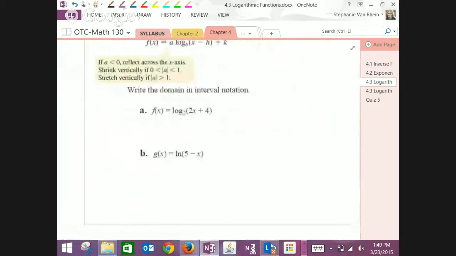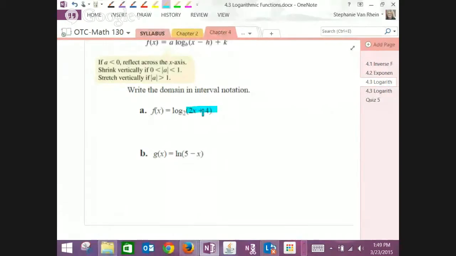So we'll start with graphing some logarithmic functions, looking at the basic function and shifting it to the left or right. So that's what we'll end up doing is when the input is positive.